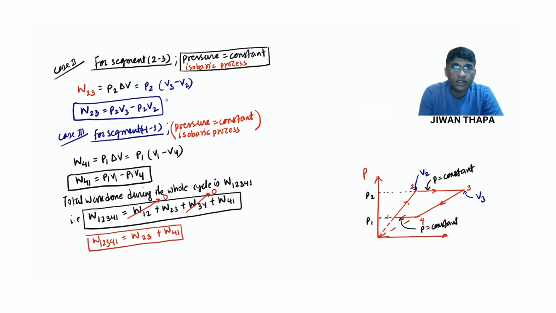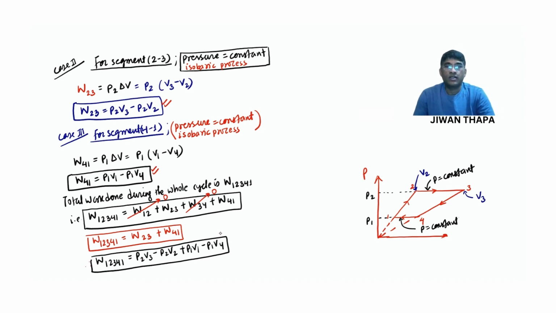Clear? And we are going to put these two values in this equation. Therefore, total work done equals W23, which equals P2 V3 minus P2 V2, plus W41, which is P1 V1 minus P1 V4. Clear?